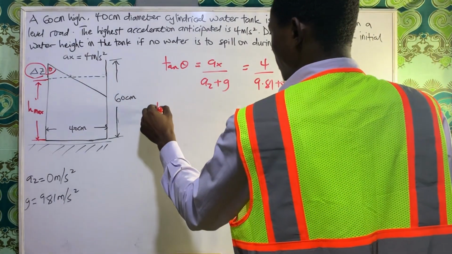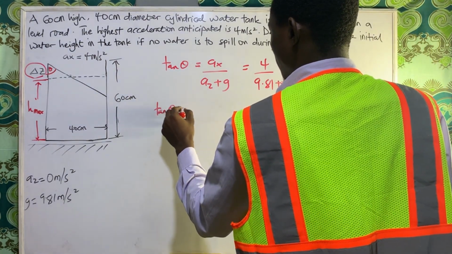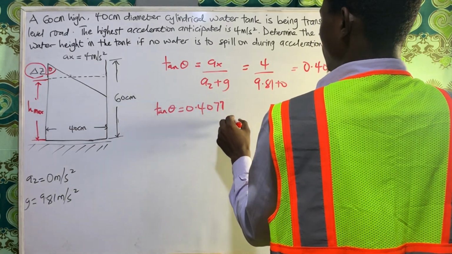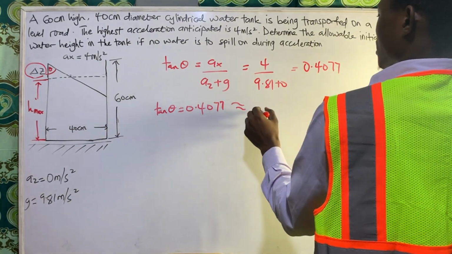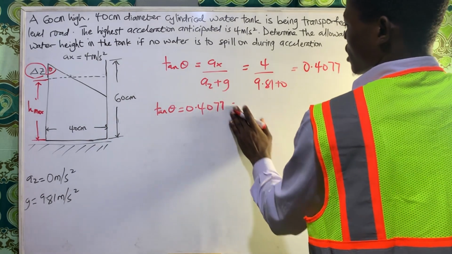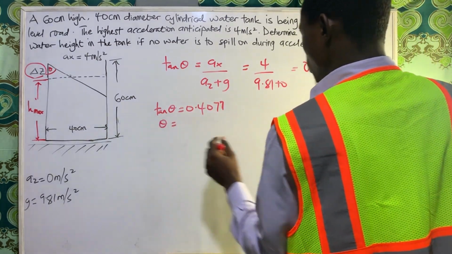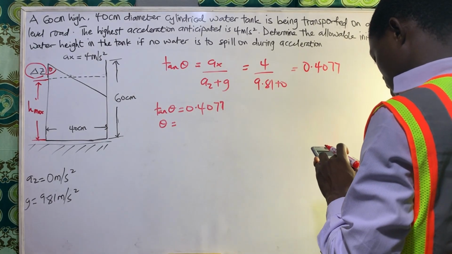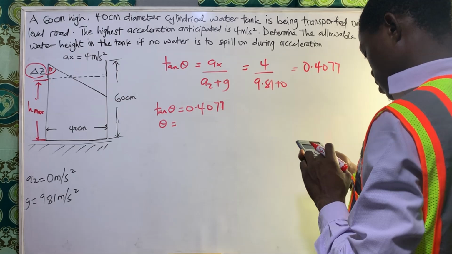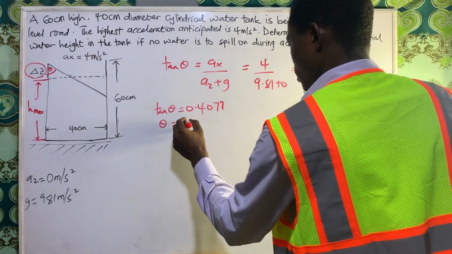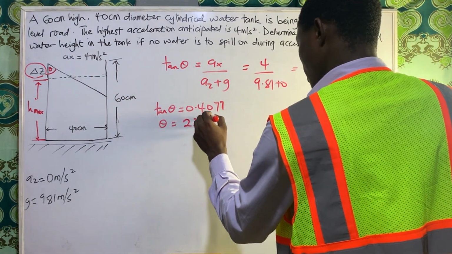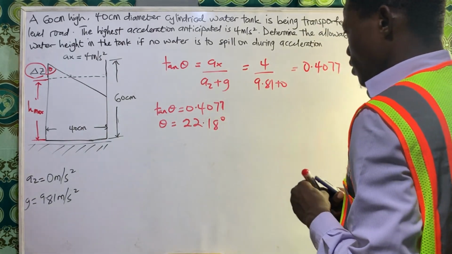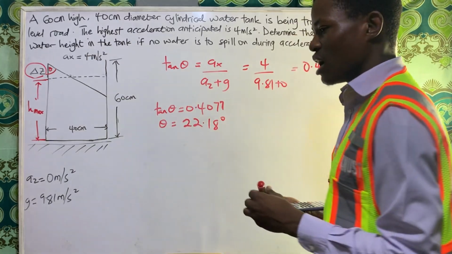So tan theta is equal to 0.4077, which means theta is the tan inverse of that, which is 22.18 degrees. So we have this as our theta.